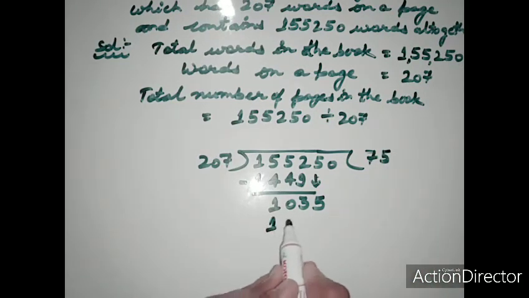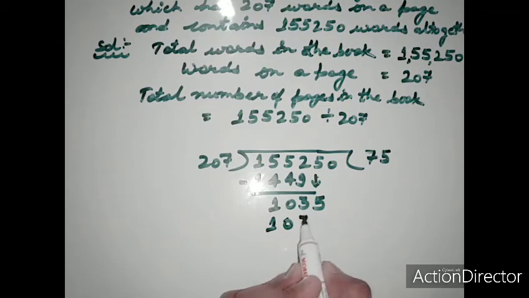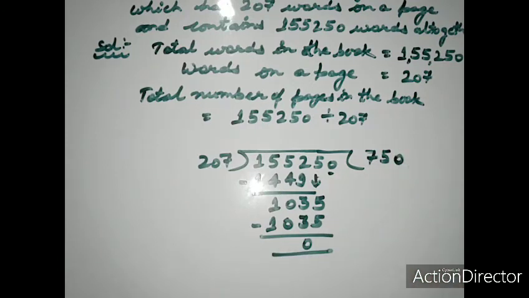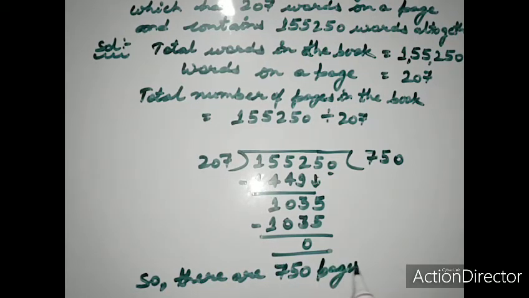So here we get 1035. Here we get 0. So we put the 0 here, right? 0 times. So there are 750 pages in the book.